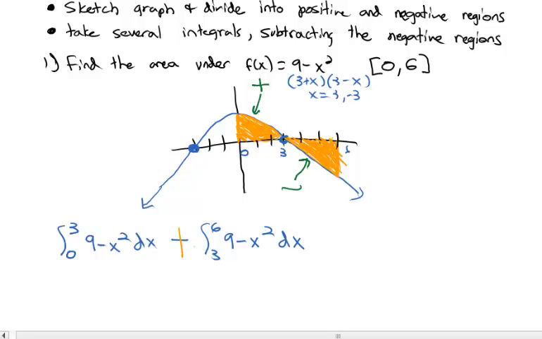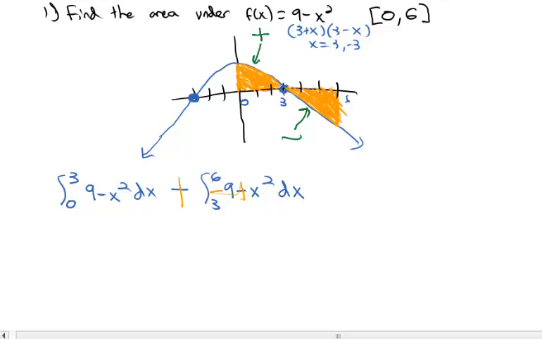To avoid confusion, I like to distribute that negative now. So we'll make it negative 9 plus x squared. That way we don't have to worry about any issues later. Well, let's find the integral. The integral of 9 is 9x, minus x squared becomes x cubed over 3.